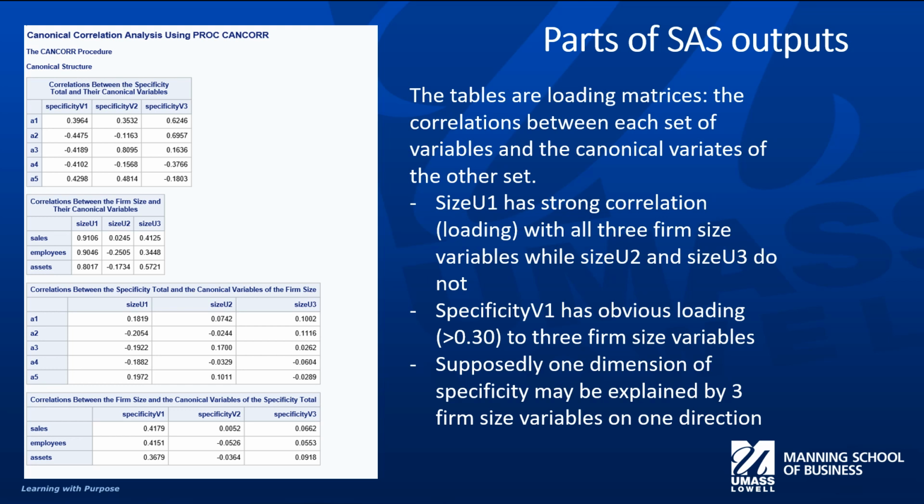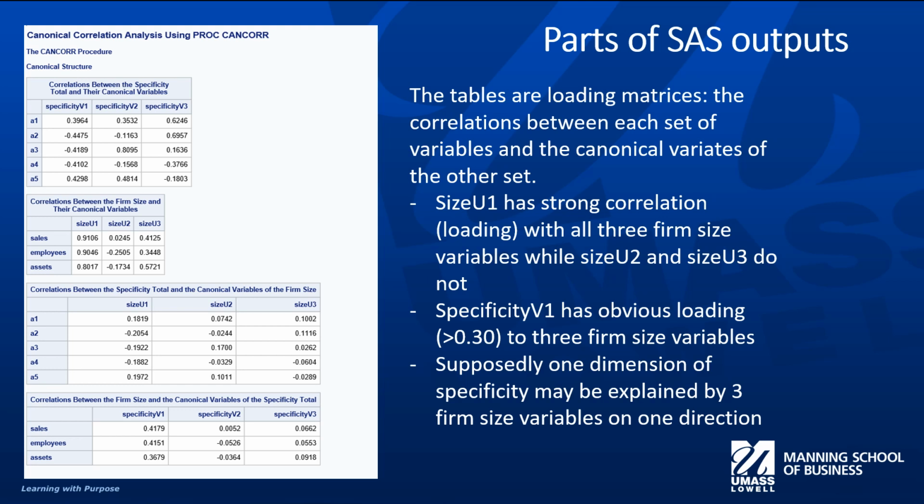So basically, we can find out from the loading matrix that the size U1 has strong correlation with all 3 variables in the firm size, but the size U2 and size U3 do not have strong correlation.